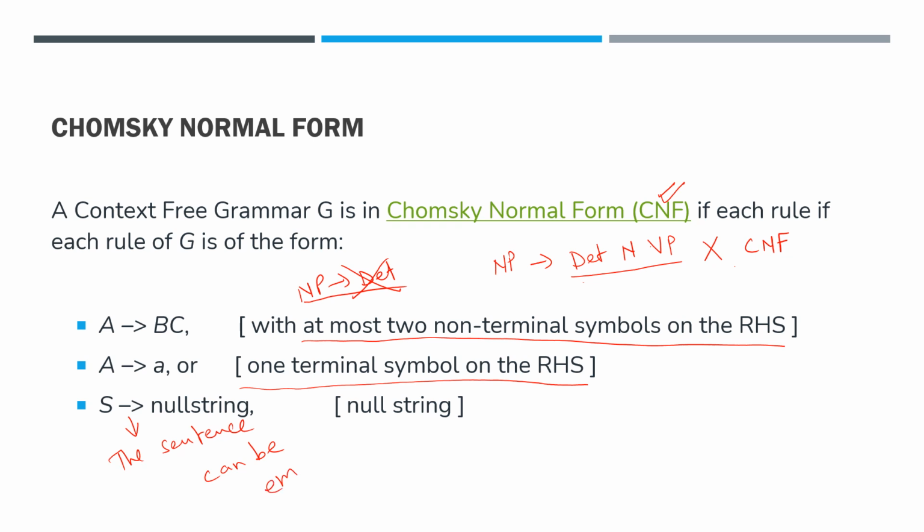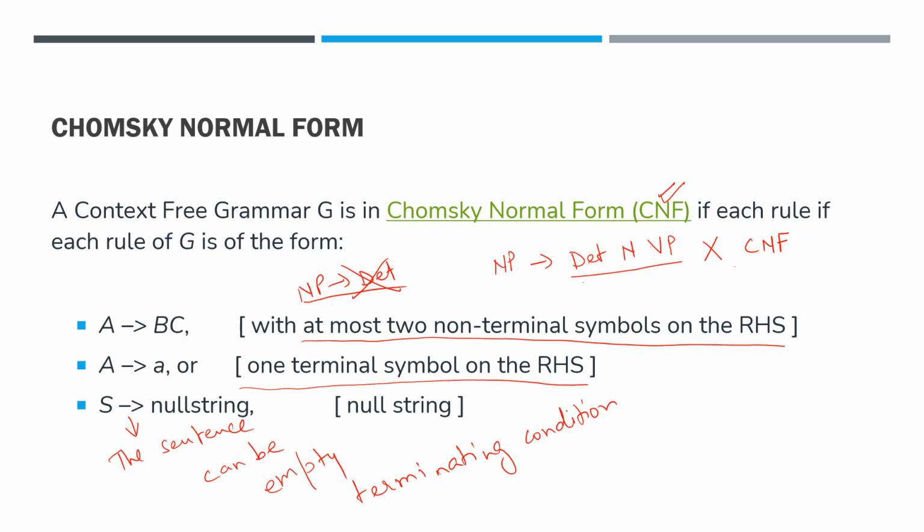So this is a kind of terminating condition. We'll be defining a terminating condition because without a terminating condition, my algorithm will never finish off. So this is just a terminating condition. The sentence can be a null string. It's possible there's no word in my sentence.